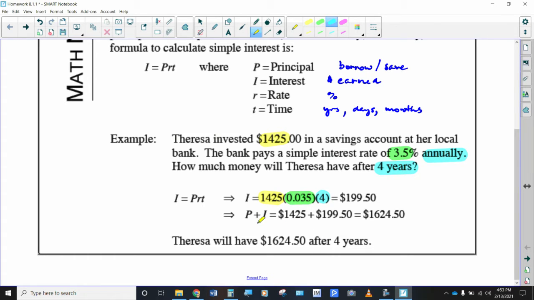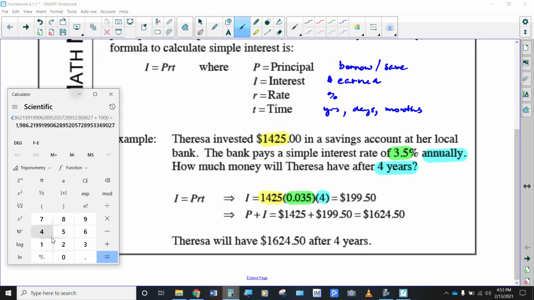So generally, what I like to do is figure out how much money per time unit, in this case per year, would you earn. So I would take 1425 and multiply that times 3.5%, which is 0.035. And that is $49, and okay, we're going to round that to $49.88.